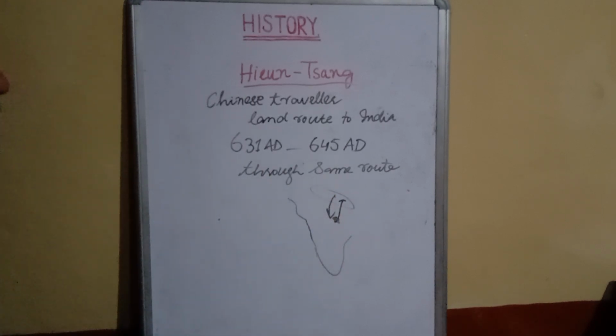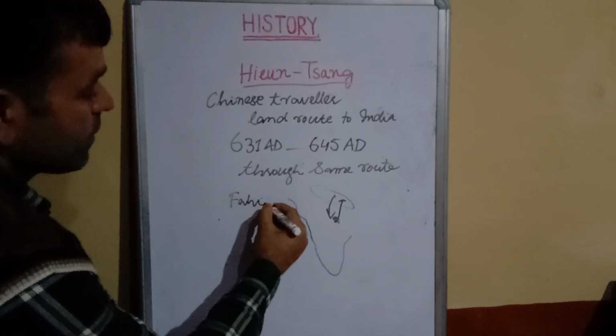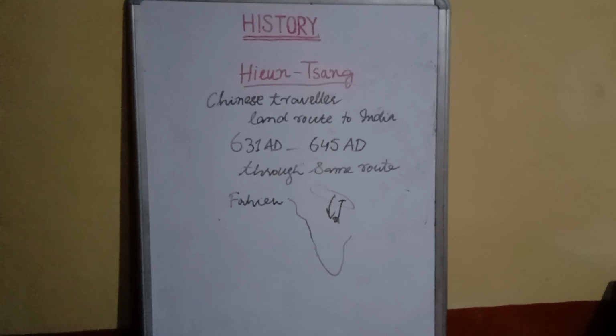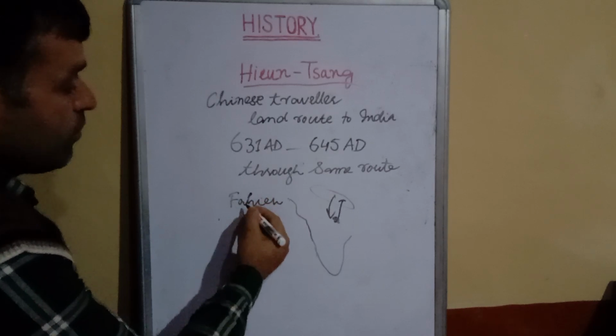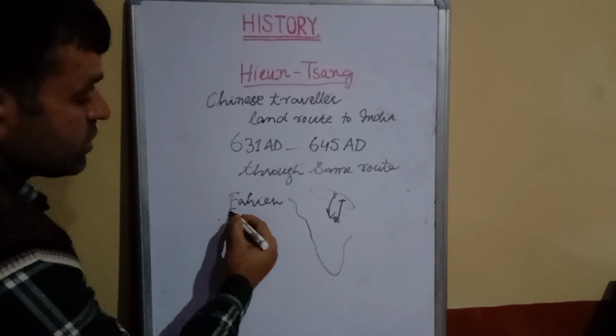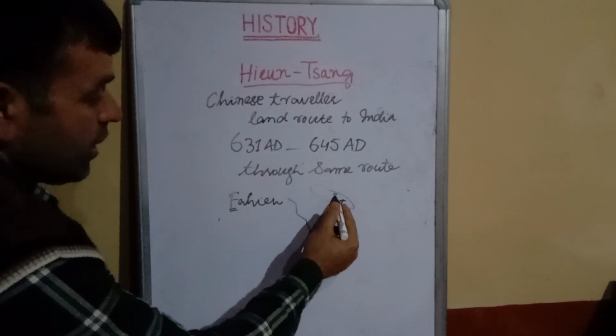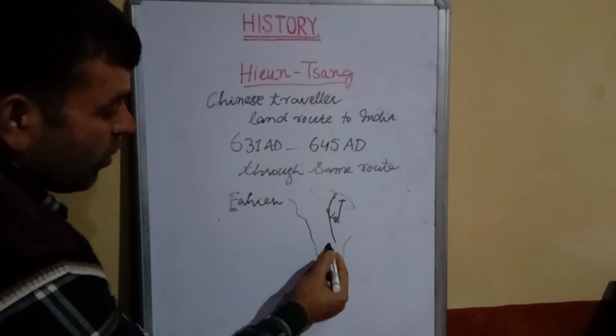We have one more Chinese traveler, which we have mentioned in one of the videos, that was named Hieun. To help you remember, Hieun came through land route, since we know here it is F, and F, that is Hieun, went very far.